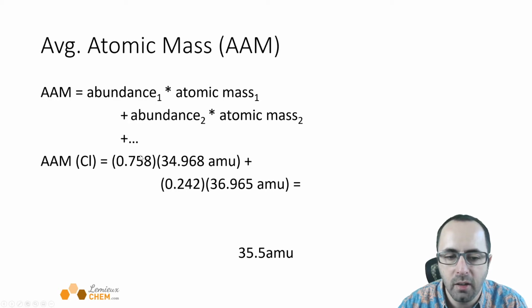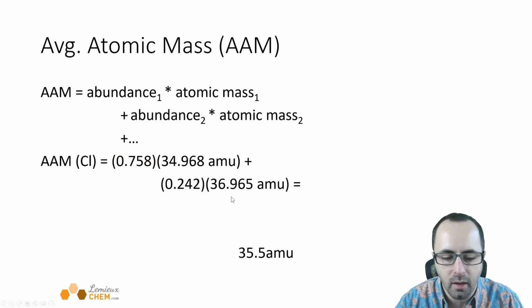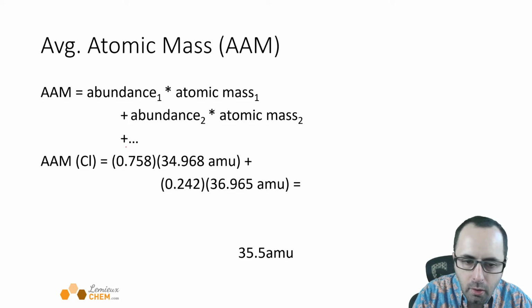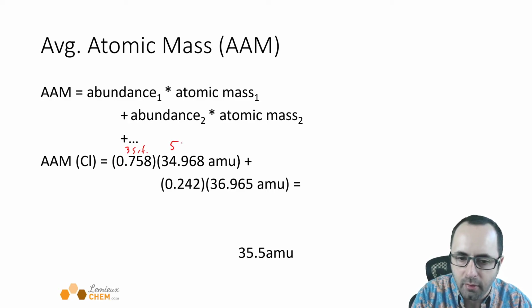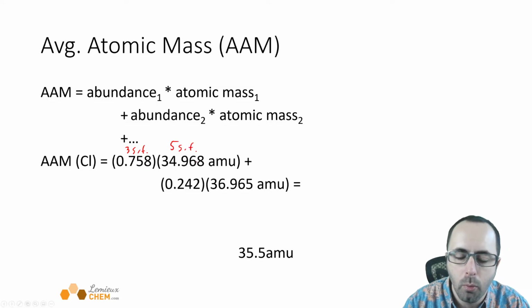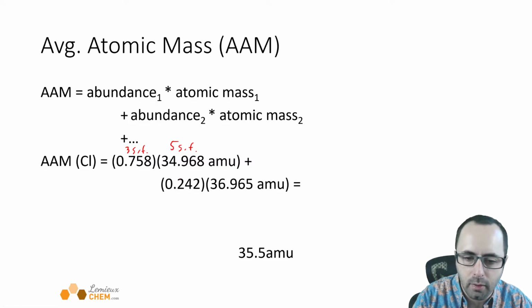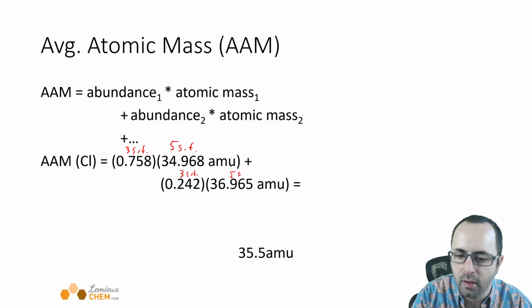Now when we multiply these, remember when we multiply, we count sig figs. So this guy has 3 sig figs. This one has 5 sig figs. So we're going to make sure that our result here has 3 sig figs. Down here we also had 3 sig figs for this one and 5 sig figs for this one.